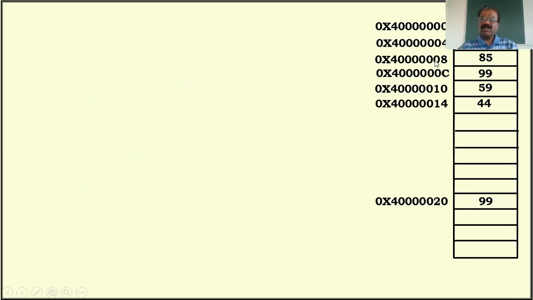So this is an array of 6 numbers. I assume the size of each location is 32-bit, that is 4 bytes. Therefore the address is like this.